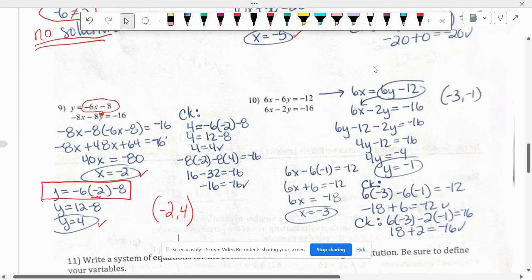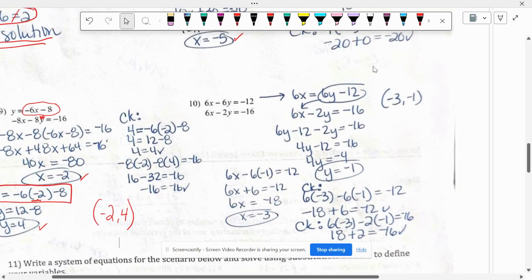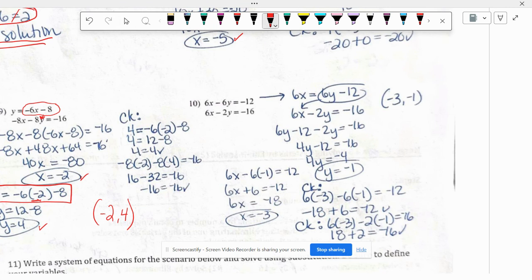Number 10. So number 10 is interesting. I think I solved this kind of a tricky way. I'm glad that we're reviewing this. Notice that both of my coefficients in my system are 6x. So what I did was I solved this first equation for 6x.